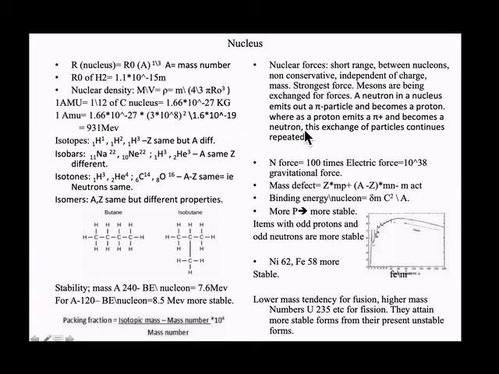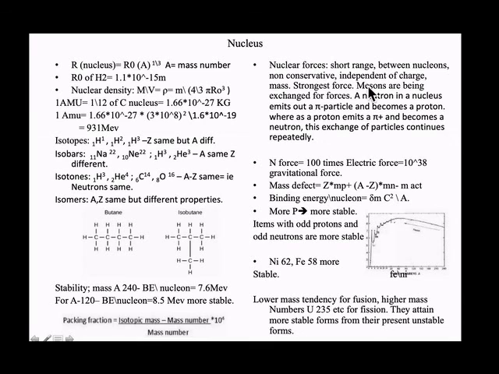So what is there in the nucleus? We have protons and neutrons only. They get converted into each other, evolve these mesons, and try to maintain the forces. So this is the reason for nuclear forces, plus of course binding energy.